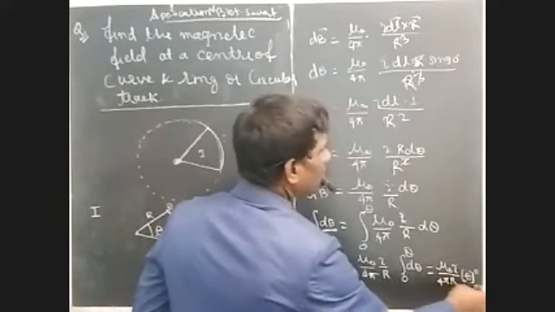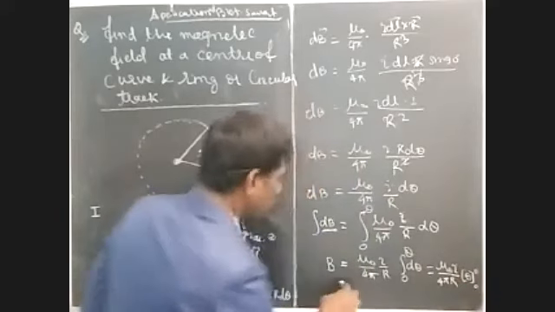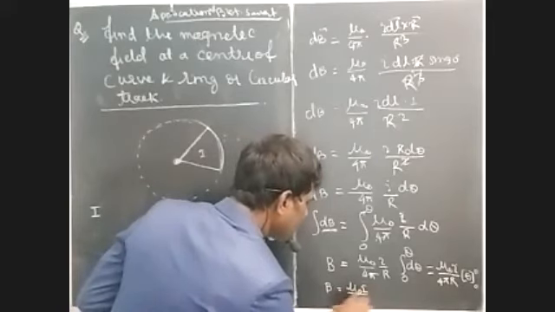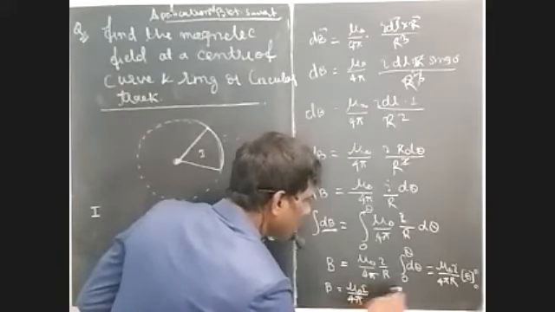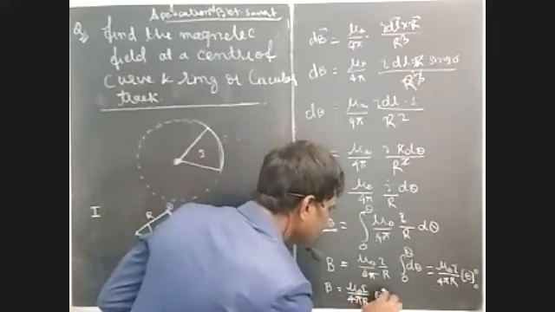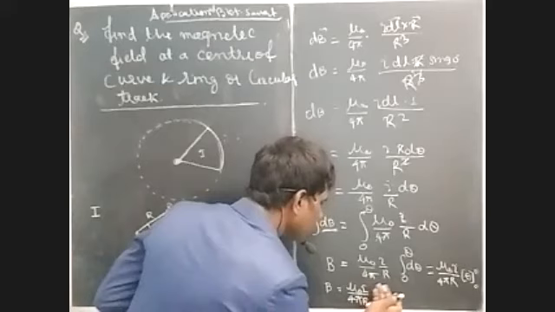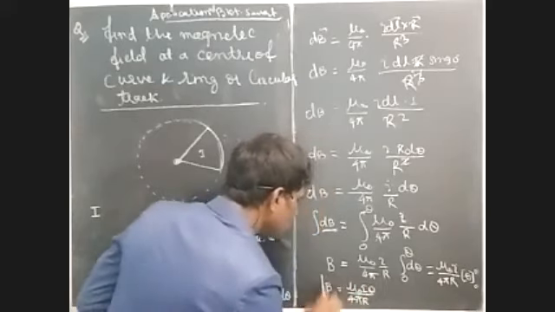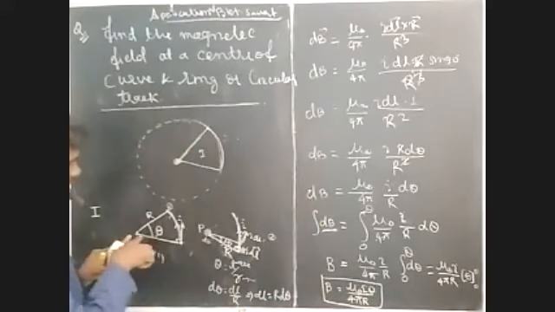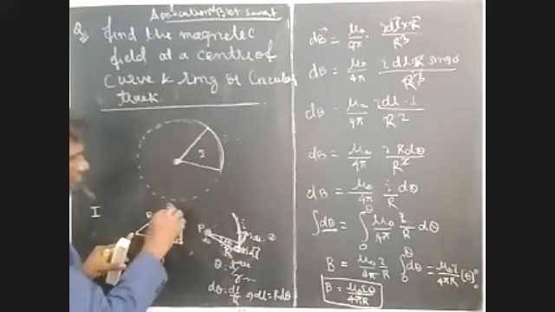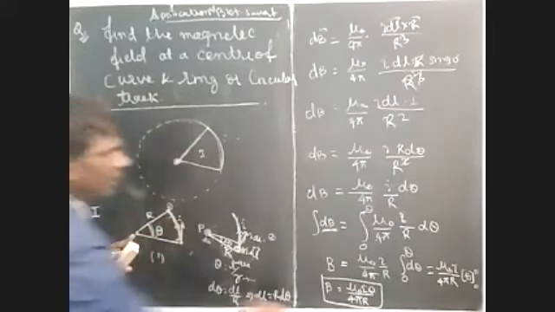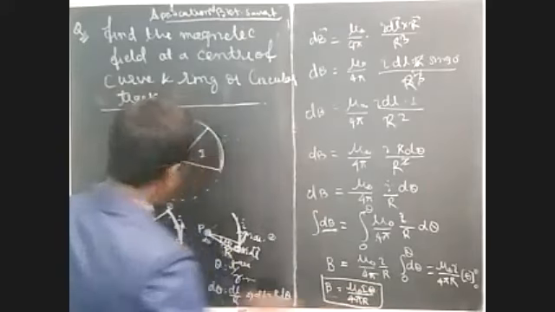Put theta minus 0, which is again theta. So finally what did we get? We got mu naught I theta upon 4 pi R, with theta in the numerator. So this is the magnetic field at the center due to this theta. Now we are able to find the magnetic field at the center due to this arc.